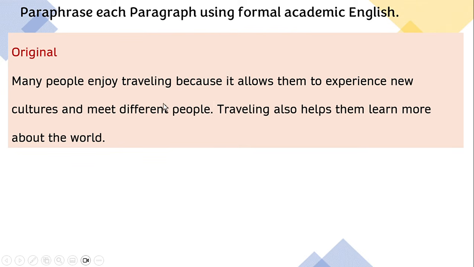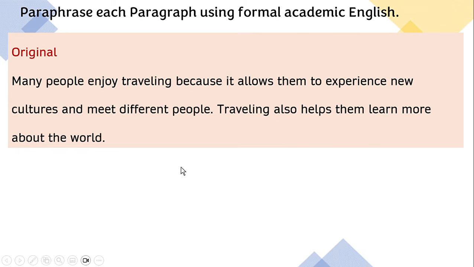This is the original short text. The best advice is to paraphrase each sentence, then combine them as a short paragraph. Many people enjoy traveling because it allows them to experience new cultures and meet different people. Traveling also helps them learn more about the world.